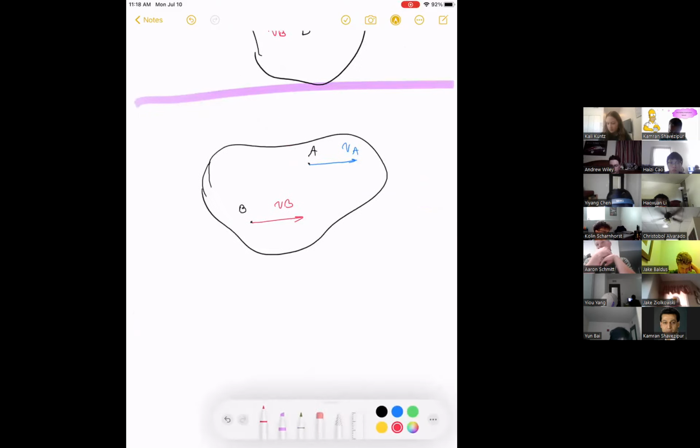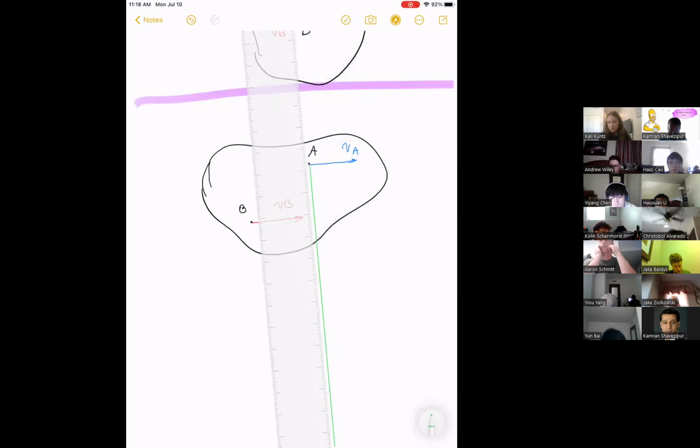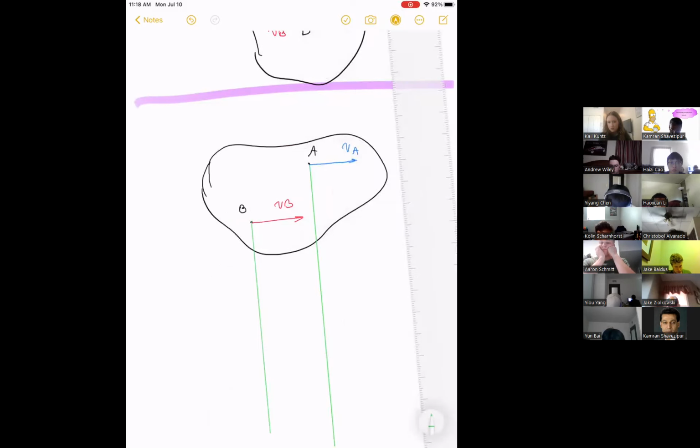I'm going to draw a line perpendicular to this. And I'm going to draw a line perpendicular to this. Do they have any intersection? Technically, the intersection is at infinity, right?